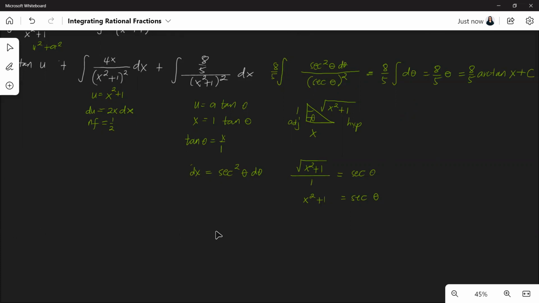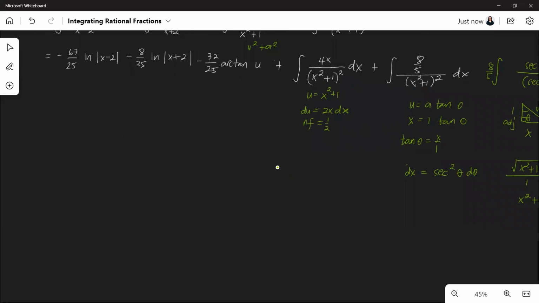Okay, so we'll put that here. So the final answer would be negative 67 over 25 ln of x minus 2, minus 8 over 25 ln of x plus 2, and then minus 32 over 25 arctangent of u, which is, u here is x, and then plus 4 times 1/2.